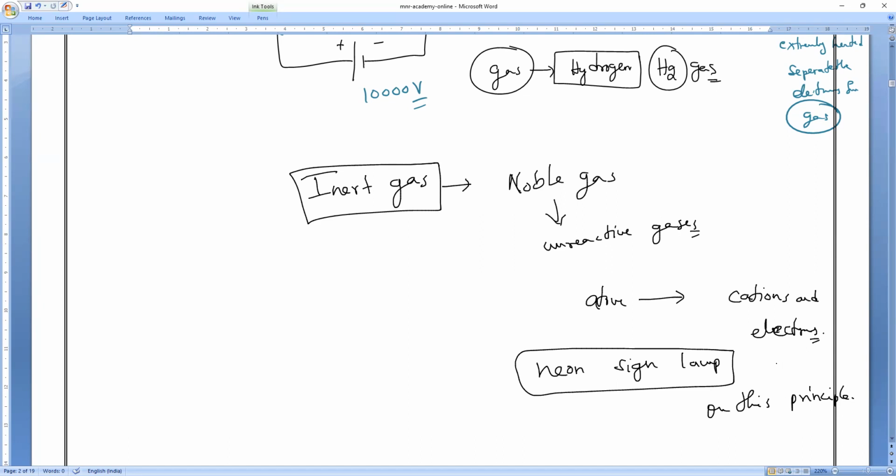They will conduct electricity only at low pressure. That is why the ions form and give the cathode rays or anode rays, everything is taken at low pressure. That is why we have to create a low pressure inside. So neon lamps also work with the same principle.